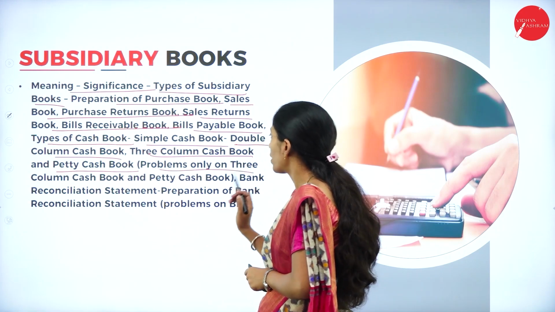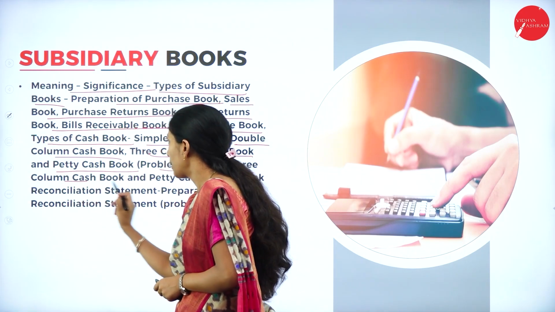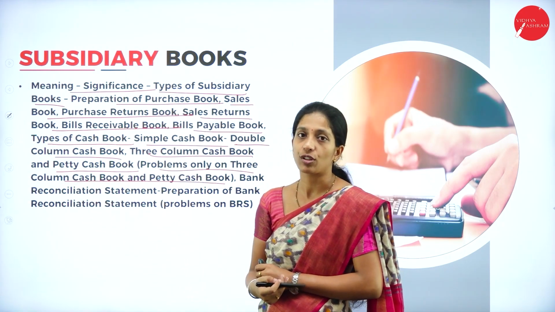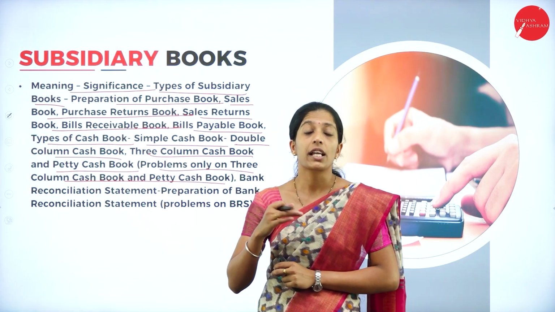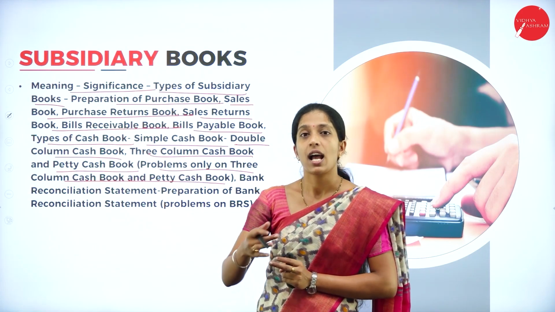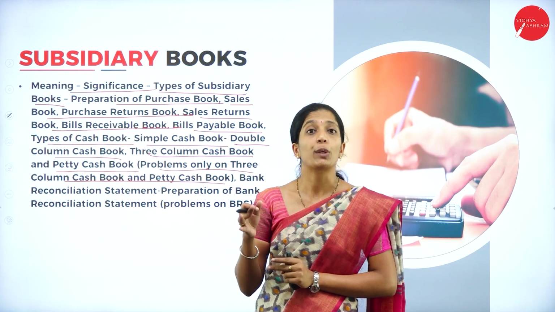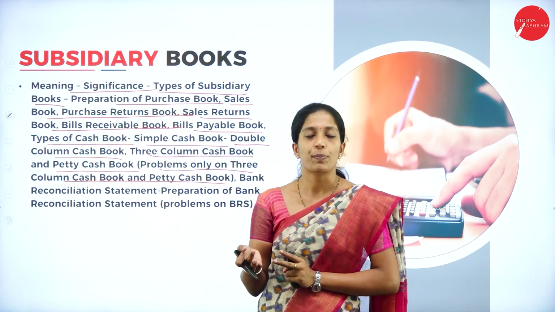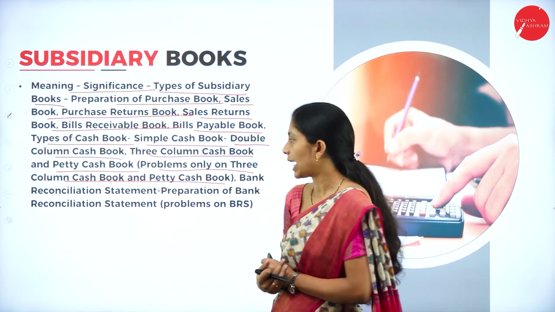You will have problems only on the 3-column cash book as well as the petty cash book. You might get a problem on the 3-column cash book for 15 marks and a 10 marks problem on the petty cash book, where you have to prepare the 3-column cash book and petty cash book.